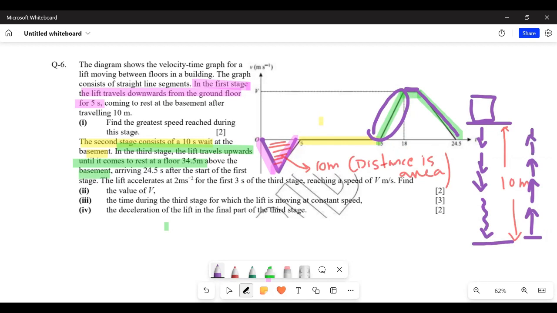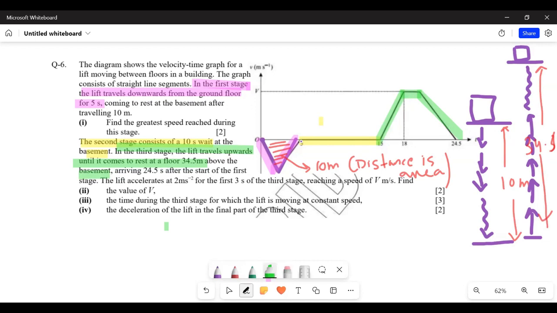So it keeps going up and then starts decreasing its speed, and eventually the speed becomes zero at a certain floor, and you're told that this distance covered is 34.5 meters. So from the basement to this particular floor, the distance is 34.5, and we know that distance is area again, so that means the area of this green region is 34.5 from basement till the particular floor.